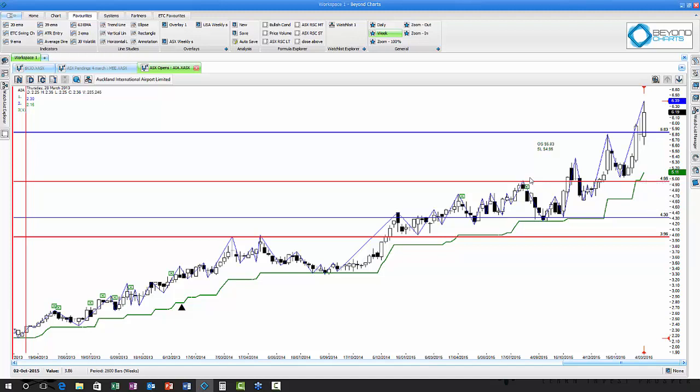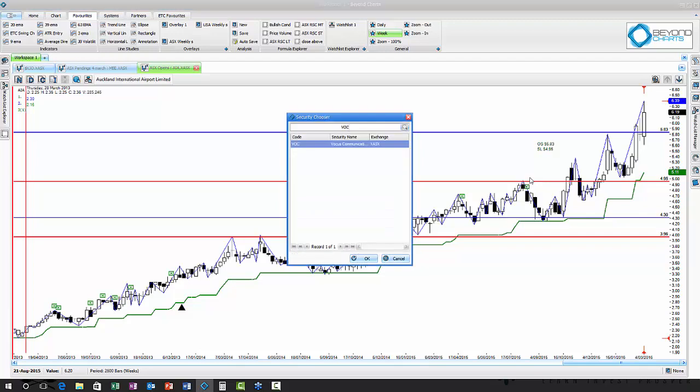And again, from early entries around about 12 months ago, this stock has continued to move up. We had around about initially, I think, on that trade, around about 40 odd cents of risk on the trade, and that just continues to motor on higher and higher. So that's been a really well performing stock.